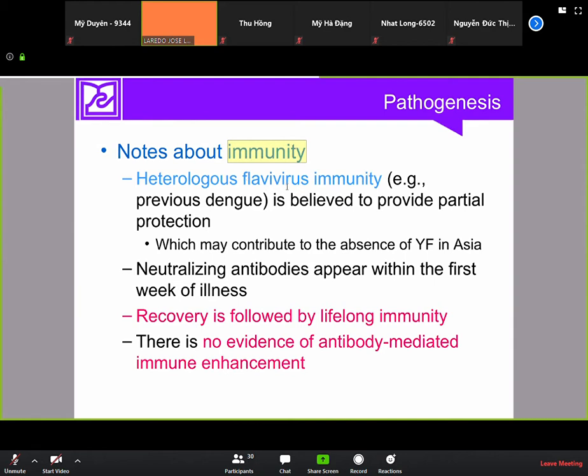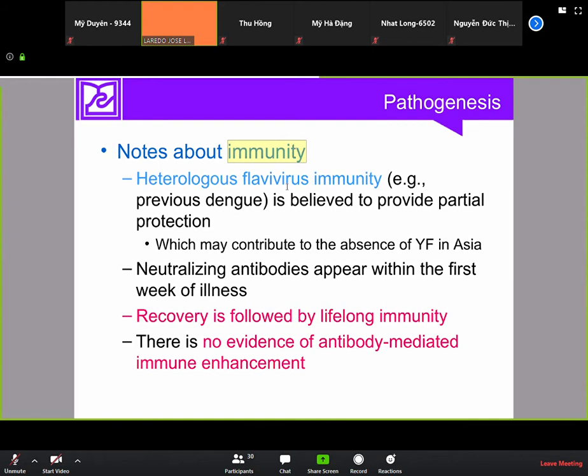Flaviviruses are so many: dengue virus, yellow fever, Japanese encephalitis, West Nile, Zika virus, a lot. And maybe antibodies can cross-react against different flaviviruses. For example, if we are infected with dengue, we will develop antibodies against dengue. And maybe these antibodies against dengue can protect against yellow fever a little bit.